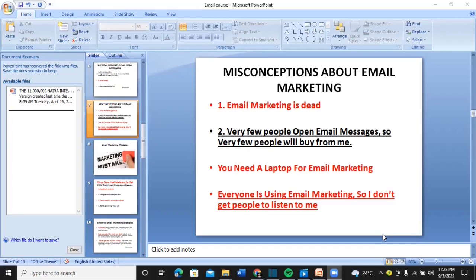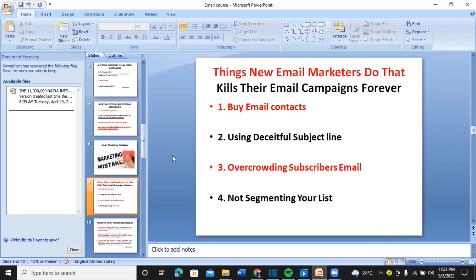So if you get your subject line right and you are consistent in sending messages, then you can be sure that people are going to listen to you no matter how many people are engaging in email marketing right now.